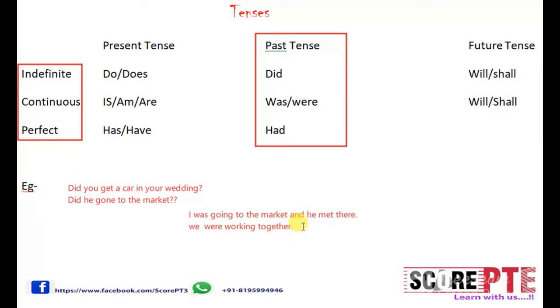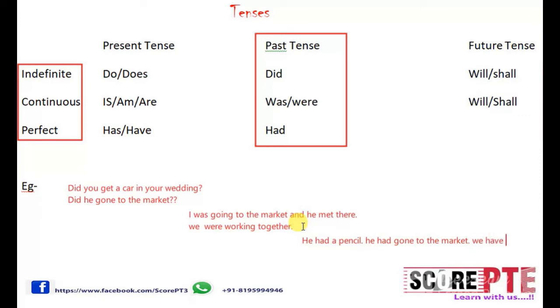Now has, had. He had a pencil or he had gone to the market.